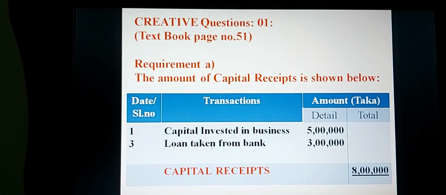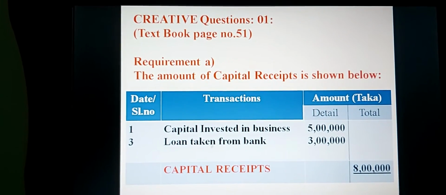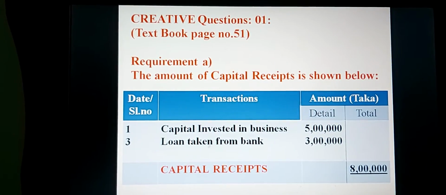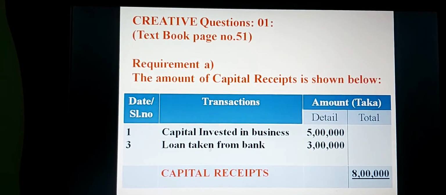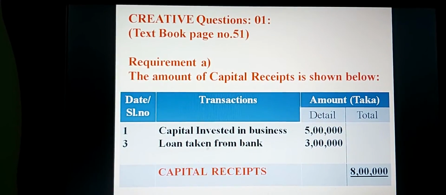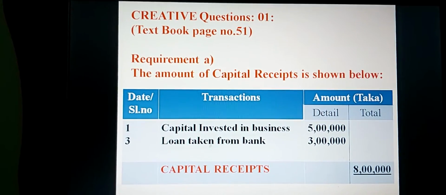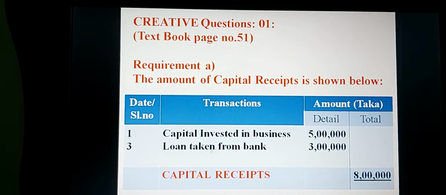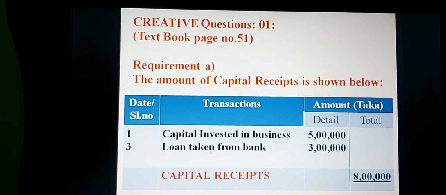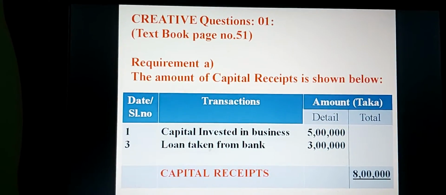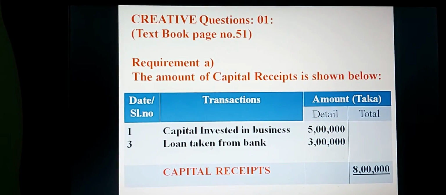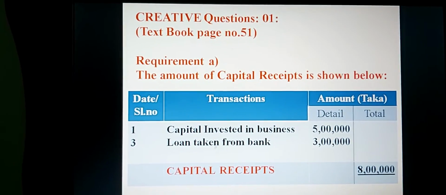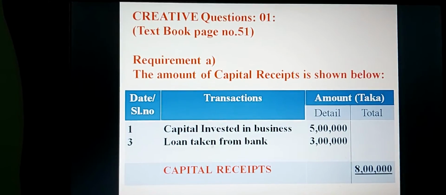So from creative question number 1 and from the stem, we can see 2 transactions are available for capital receipt. Serial number 1, capital invested in business taka 5 lakh, and number 3, loan taken from bank taka 3 lakh. So the total amount of capital receipt is taka 8 lakh.